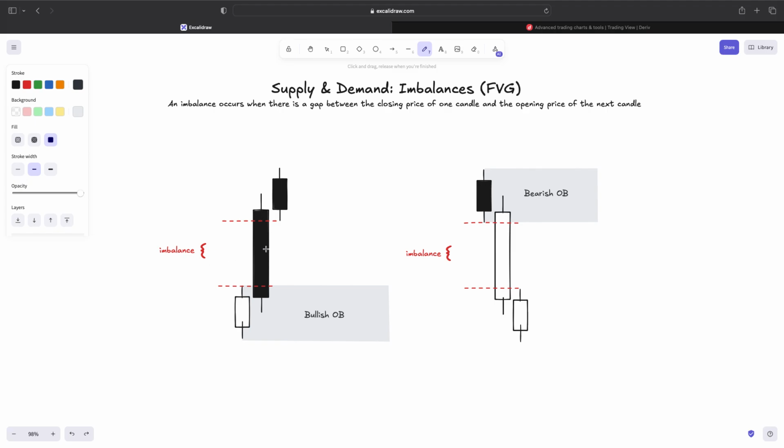In order for price to be fair to the other players within the game, price will have to reverse into that particular imbalance in order to rebalance the price, because do not forget, around this area only the buyers were involved in driving price to the upside. So price will have to rebalance itself, and hopefully in this case, we would have identified a potential bullish order block.